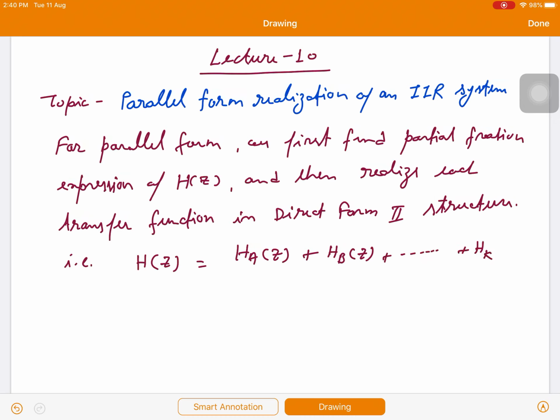Now we have to realize these individual transfer functions with the help of the direct form 2. So this is the only theory about the parallel form realization.